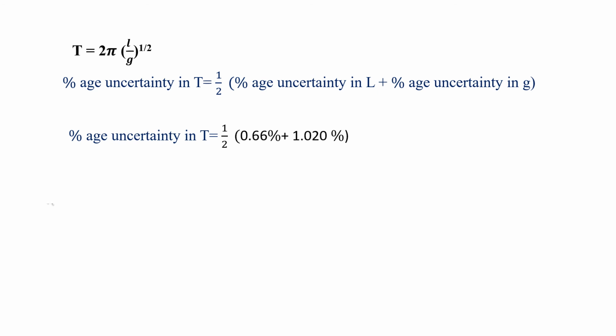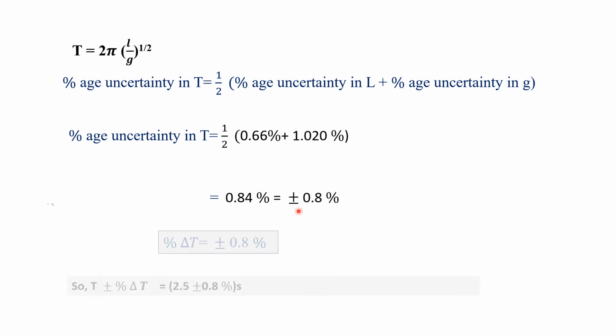Percentage uncertainty in T is equal to 1 upon 2 into percentage uncertainty in length plus percentage uncertainty in G. By putting the values and after solving we get percentage uncertainty in T is equal to 0.84%. Hence percentage uncertainty in T is equal to plus minus 0.8% after rounding off.